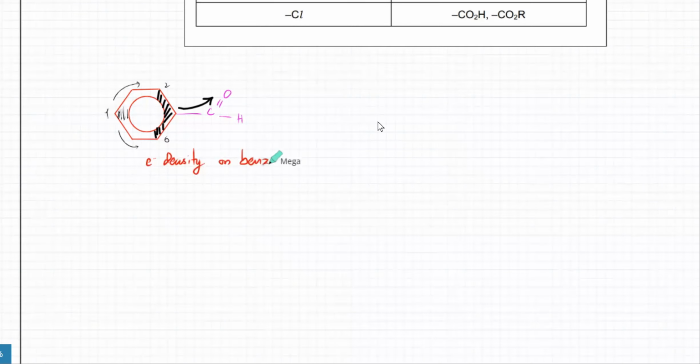So electron density on benzene by electron cloud decreases. And if it decreases, there's going to be lesser attraction for electrophiles.